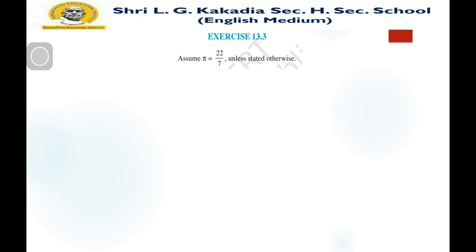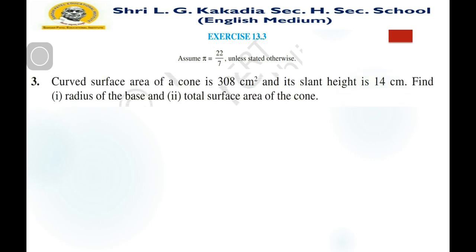So let's solve example number 3. Curved surface area of a cone is 308 centimeter square and its slant height is 14 centimeter. Find the radius of its base and the total surface area of the cone. Here the curved surface area of the cone is given as 308 centimeter square and the slant height is also given.